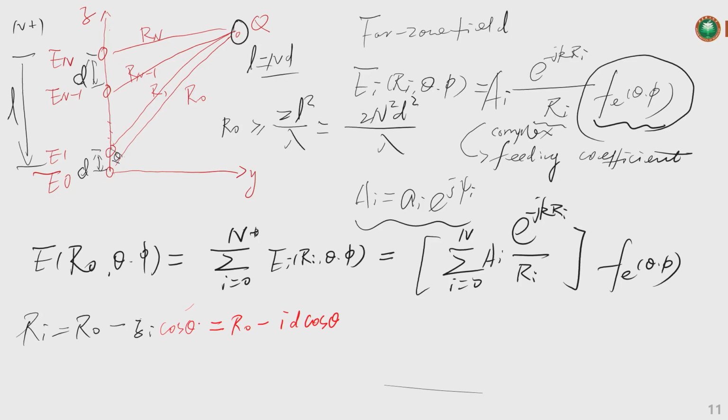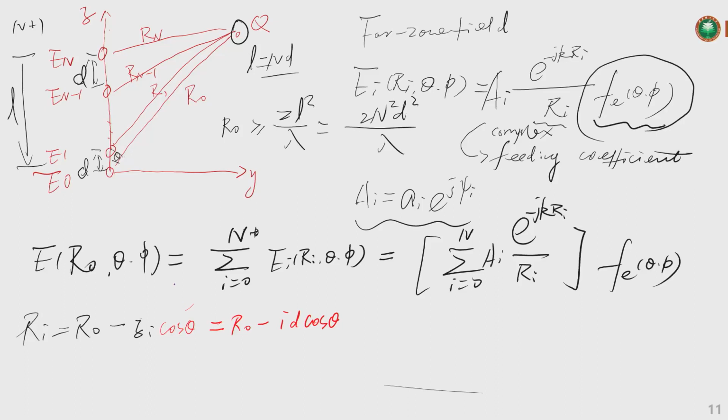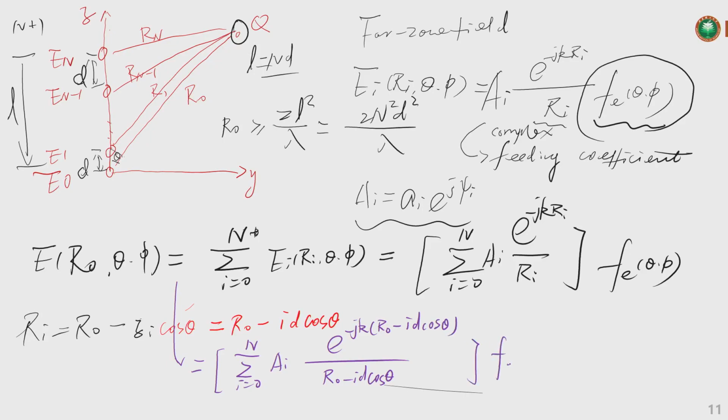So this equation becomes sigma from 0 to n of I, R node minus ID cosine theta, e to the minus j k R node minus ID cosine theta, times F theta phi, right?